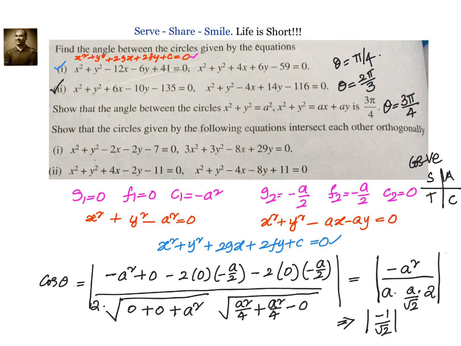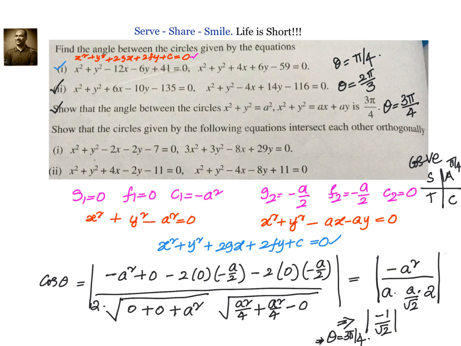So the first quadrant angle is pi by 4. So the angle in the second quadrant will be pi minus pi by 4, that is 3 pi by 4. Therefore cos theta is minus 1 by root 2. That means we can write theta equals to 3 pi divided by 4. So that is how we can show this, we can complete this problem.